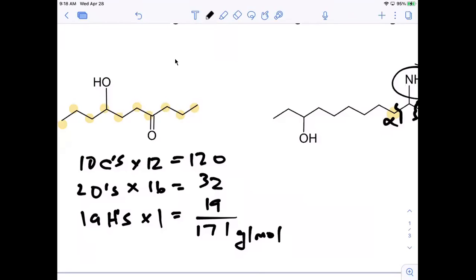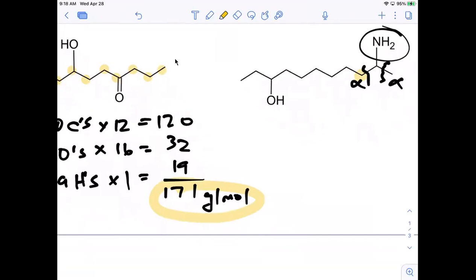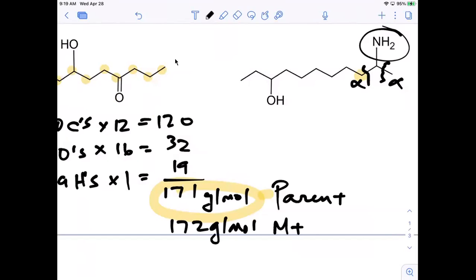So for this compound, the parent peak will be at 171. What would the M plus 1 peak be? 172. So that's my parent, and then 172, which is my isotope peak, will be my M+1 peak.